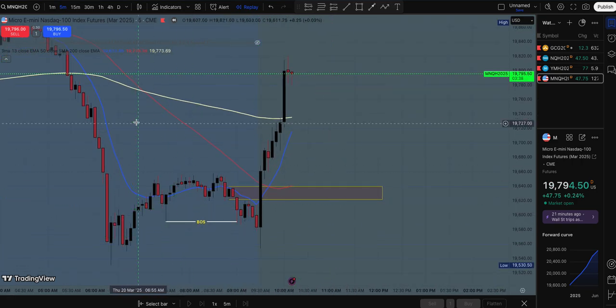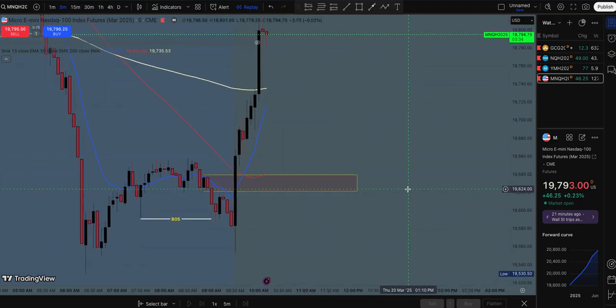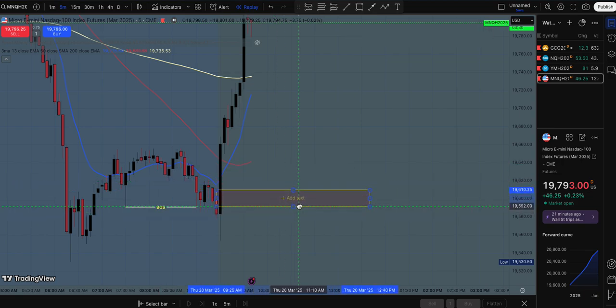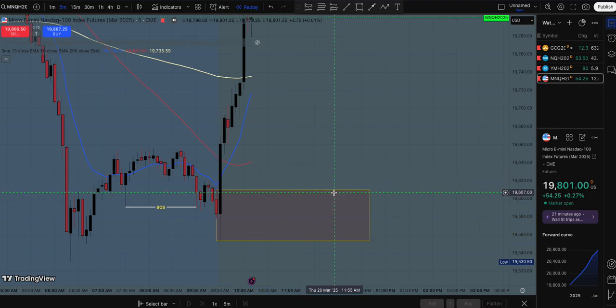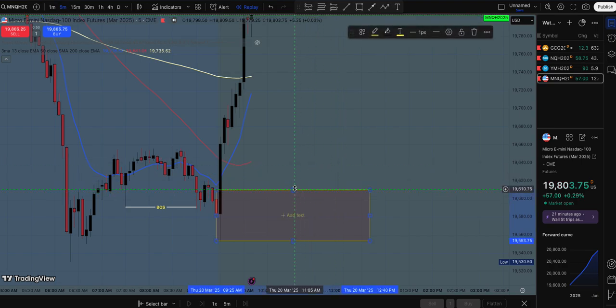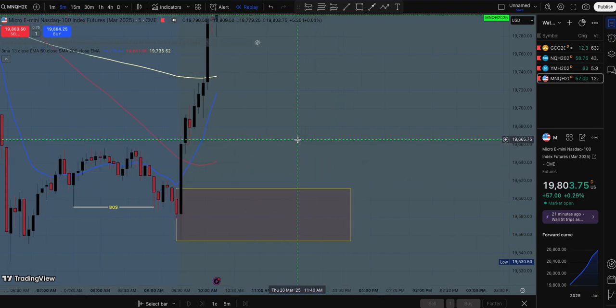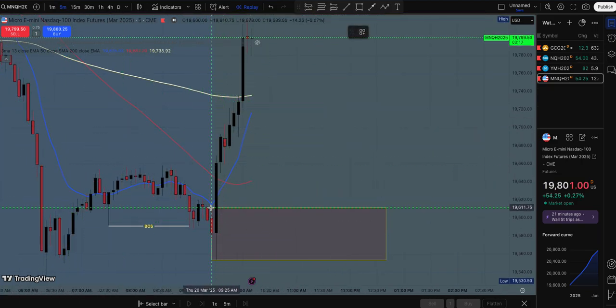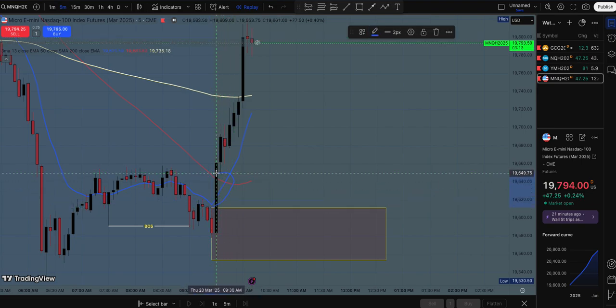So we basically change from bearish and start going bullish on the 5 minutes, right? And immediately you can see we form a demand right here. Why is this a demand? Again, as I explained before, we have from the top of the wick here to the bottom of the wick here.